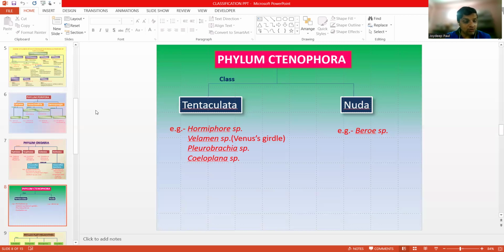They lack nematocysts but have special adhesive and sensory cells called colloblasts or lasso cells for capturing prey. They lack skeletal, circulatory, respiratory, and excretory systems. Nervous system is diffuse type, and the aboral end bears a very basic sensory organ called the statocyst.